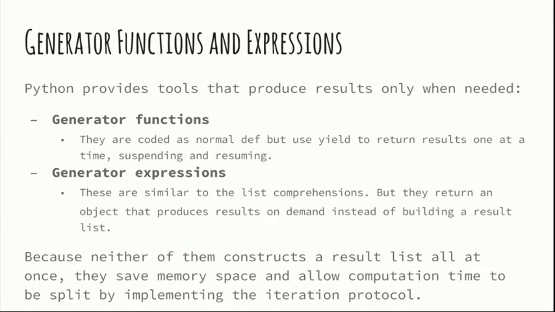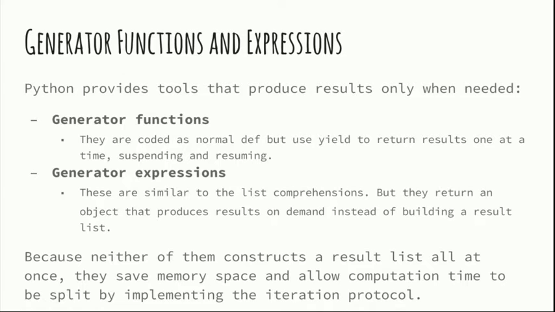Python provides tools that produce results only when needed. Generator functions are coded as normal def but use yield to return results one at a time, suspending and resuming.